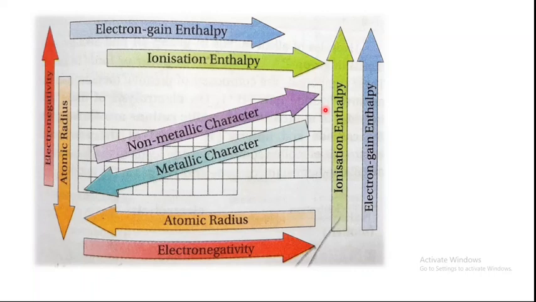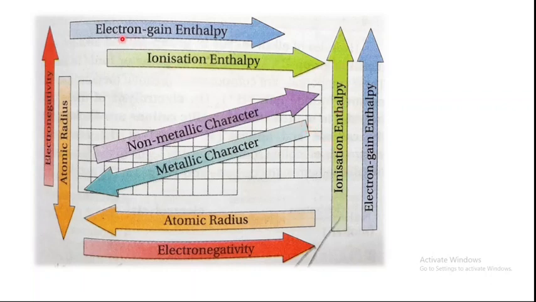So the ionization enthalpy increases along the period, and as the atomic radii increase down the group, the ionization enthalpy decreases down the group because the force of attraction of the nucleus towards the electron relatively decreases.